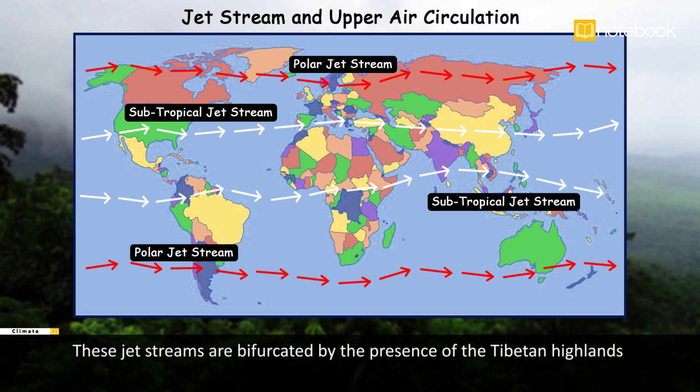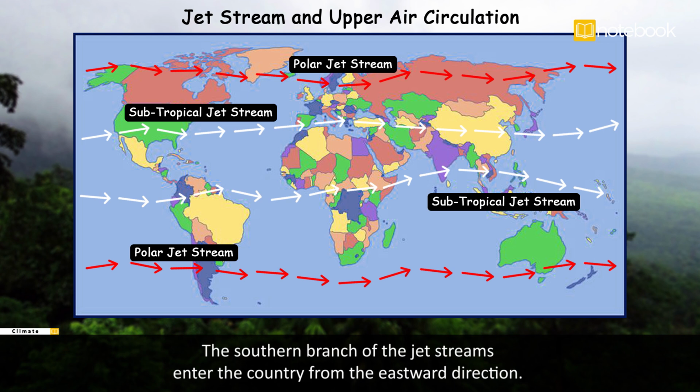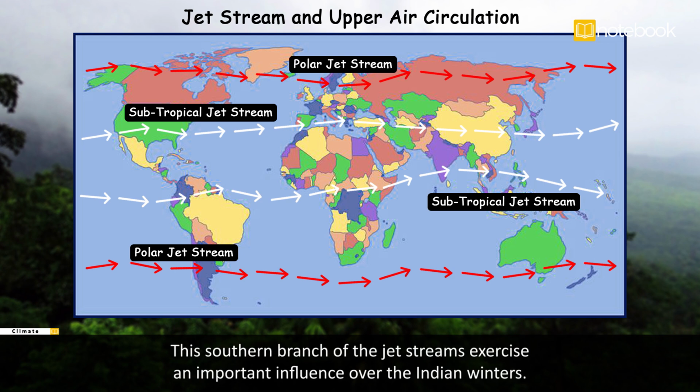These jet streams are bifurcated by the presence of the Tibetan highlands. The southern branch of the jet streams enters the country from the eastward direction. This southern branch exercises an important influence over the Indian winters.